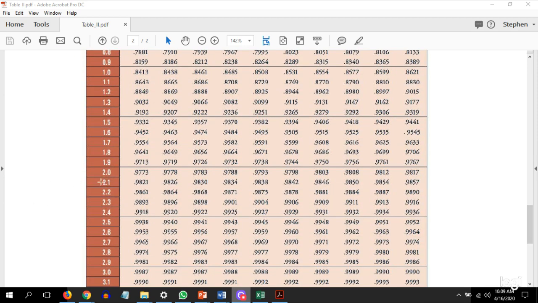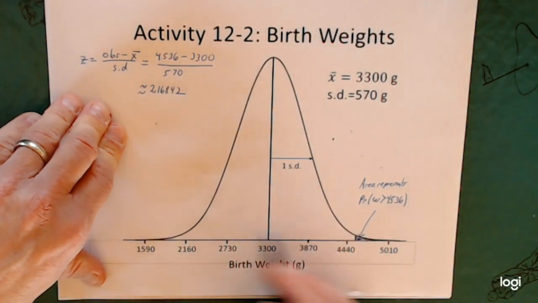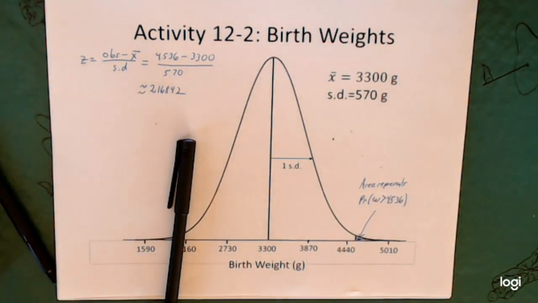I'm on my second page, 2.1, then 0, 1, 2, 3, 4, 5, oops, sorry, 6, 7: 0.9850. That's the area to the left. So all this area back here is 0.9850.